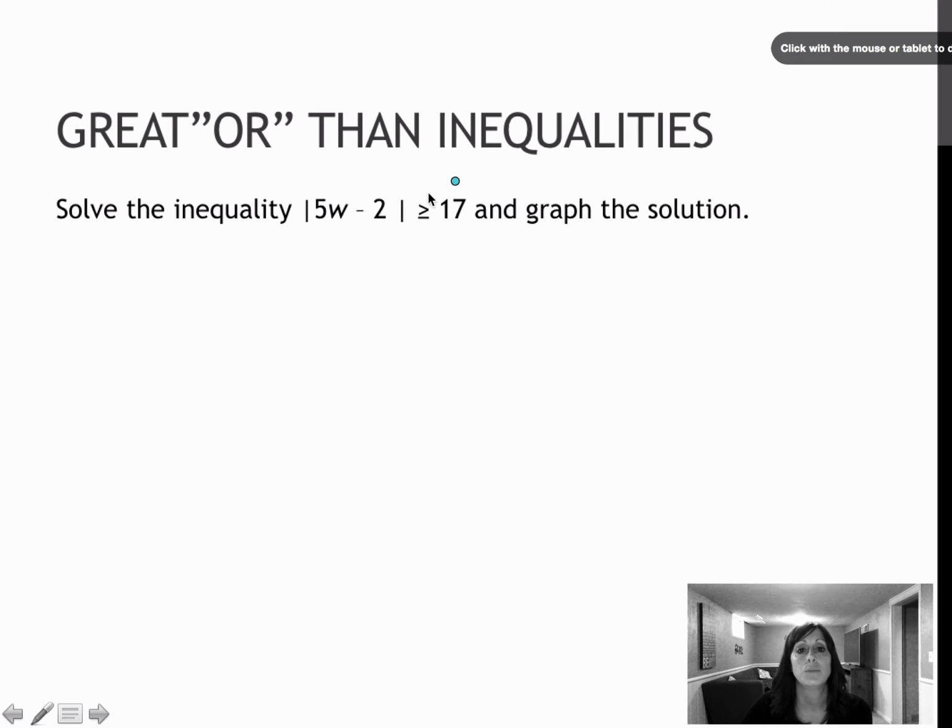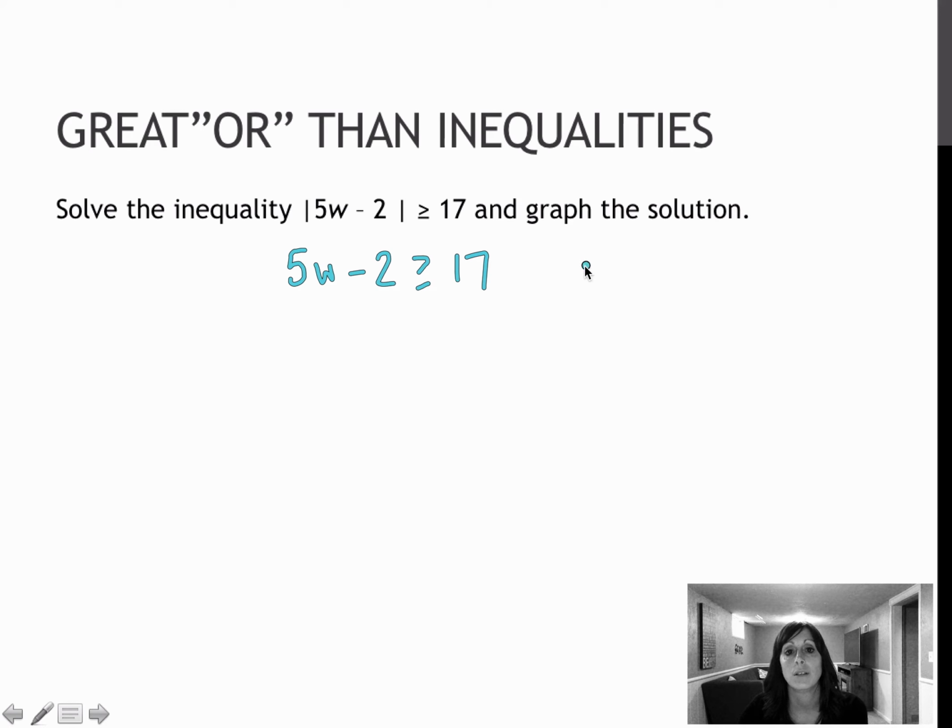For this example, I'm going to write it twice immediately because I don't have to isolate the absolute value; it's already isolated. The first time it's greater than or equal to 17. The second time, less than or equal to negative 17. I will solve using inverse operations.